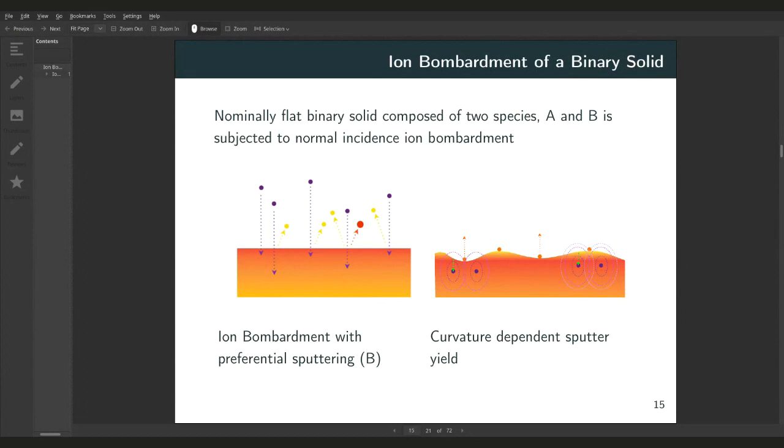In this case, B is going to be more easily sputtered. Again, we have curvature-dependent sputter yield. If an ion hits in a valley, more power is transferred, and so atoms are more likely to fly off from valleys, so troughs will deepen and peaks will form.